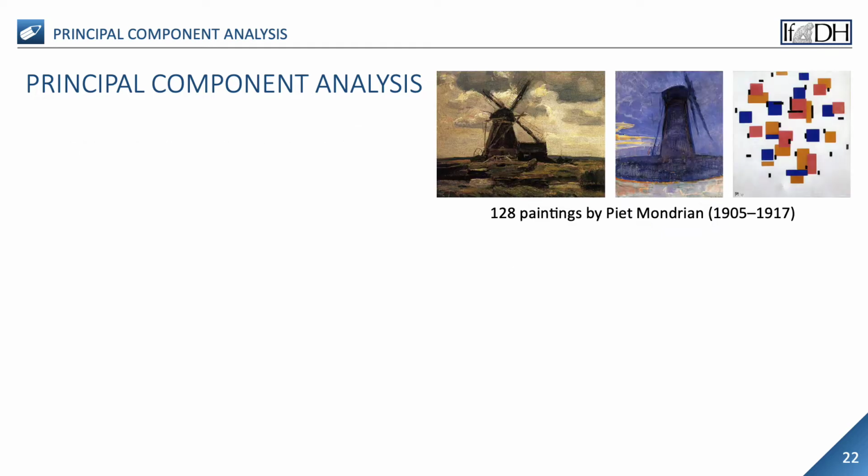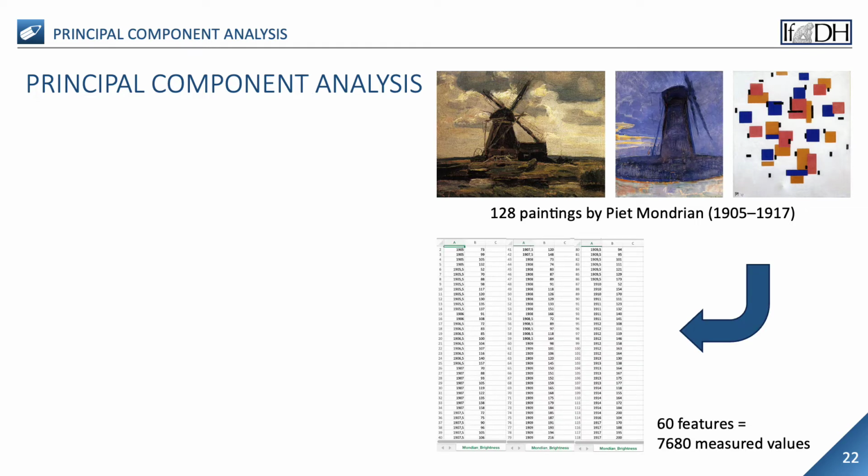We want to compare the early paintings of the Dutch painter Piet Mondrian, who developed from a realistic to an abstract painter within few years, and group these paintings according to similarities. To this end, Lev Manovich and his team measured 60 features in each of 128 paintings, resulting in 7,680 measures.